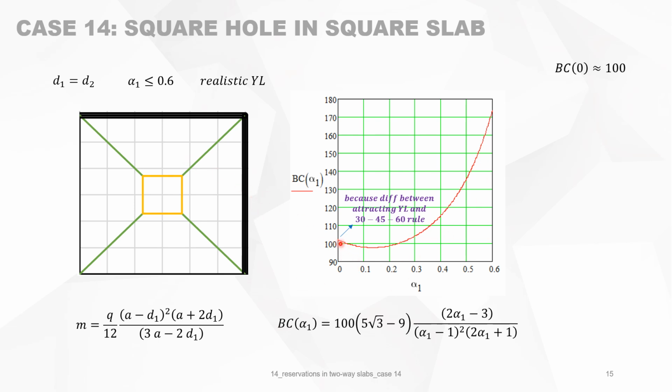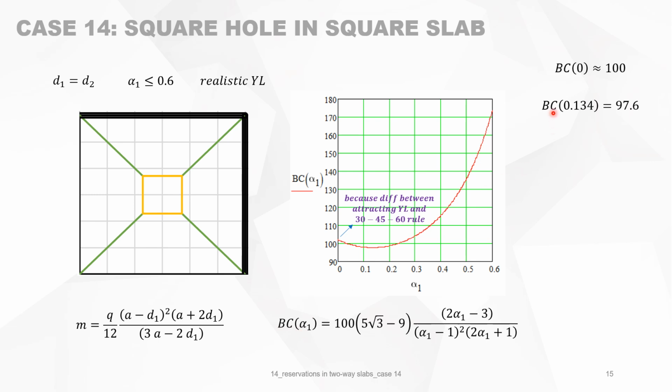So what you see here is the difference between attracting yield lines and the 30, 45, 60 rule. So take care of that. But anyway, this alpha 1 is too small. It's too close, so we should avoid that.